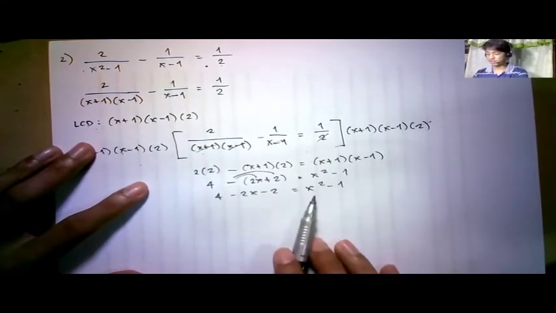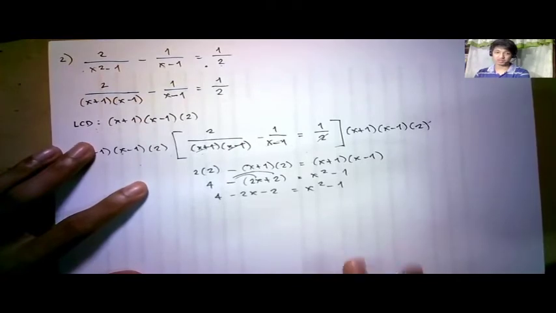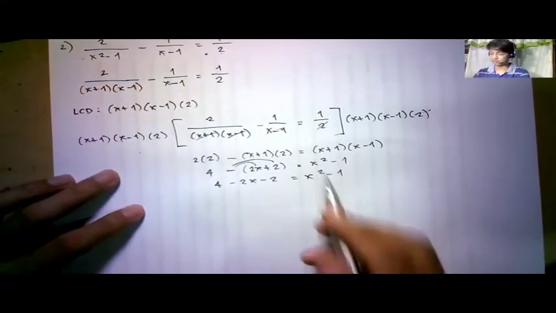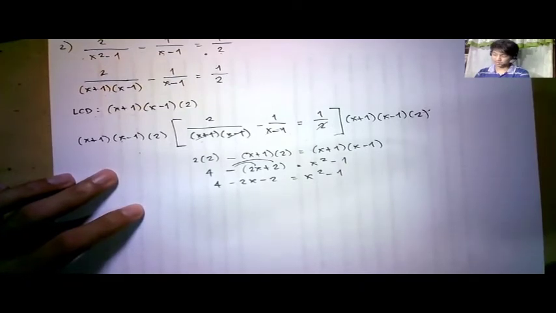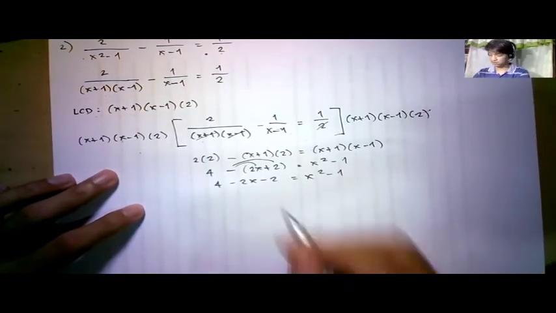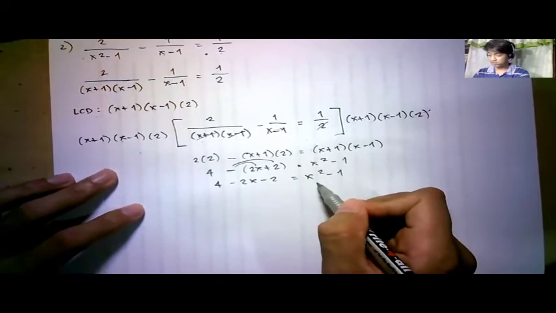So here, we are going to collect again. We are going to transpose every term with variables on the left side and the constants on the right side. So here, we're going to transpose x squared.